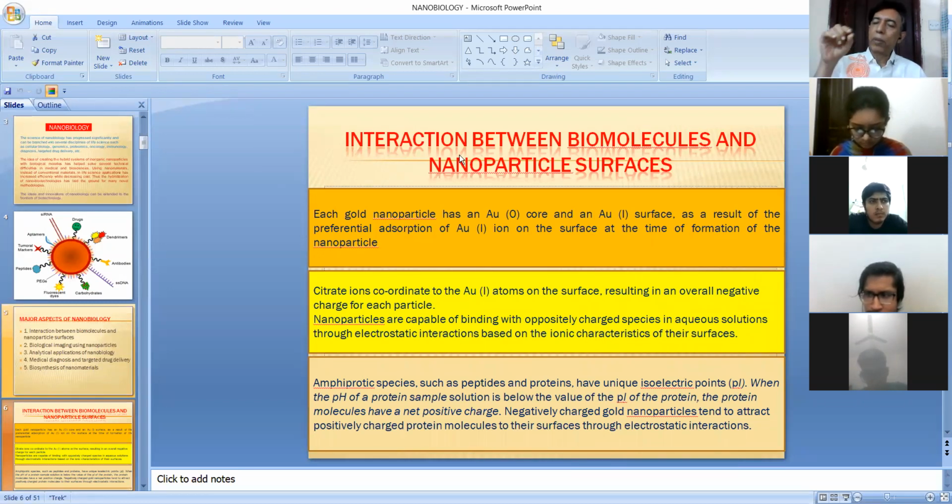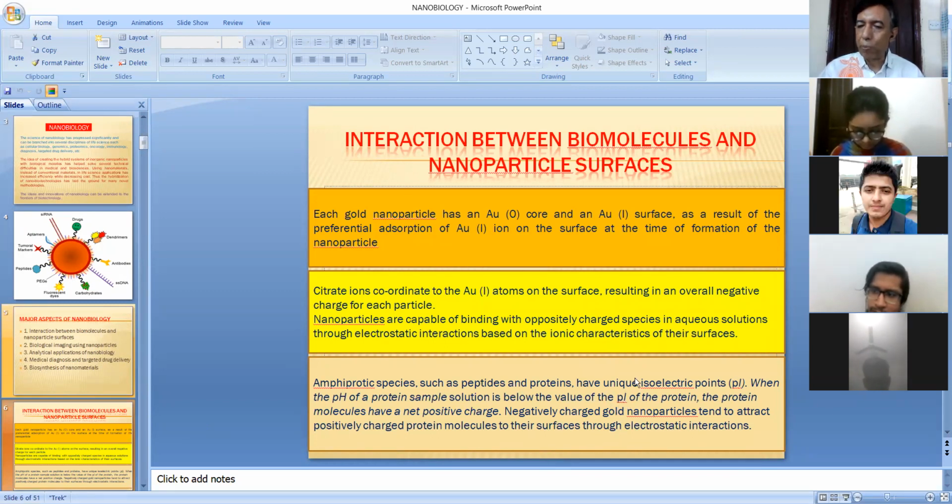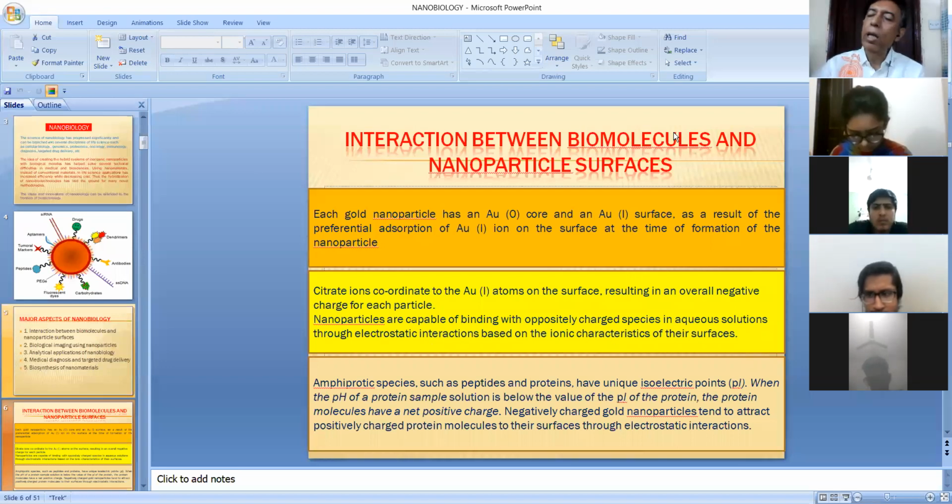That means when the pH of a protein sample solution is below the isoelectric point, the protein has a net positive charge, and if it is above the isoelectric point, then it will have a negative charge.